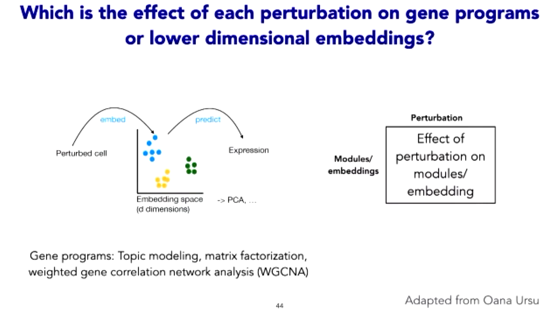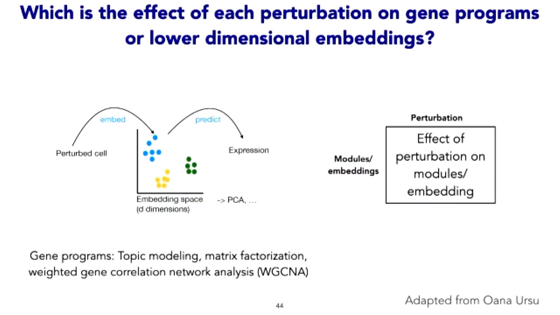So far, we have tried to ask what is the effect of every perturbation on every gene, but we can also ask a different question. Sometimes it might be interesting to know the effect of a perturbation on a set of genes or a pattern of gene expression. So we could use the same regression framework, but instead of on the gene expression, it would be on some score of a set of genes, which might be either a gene program inferred by topic modeling or matrix factorization or weighted gene correlation network analysis.